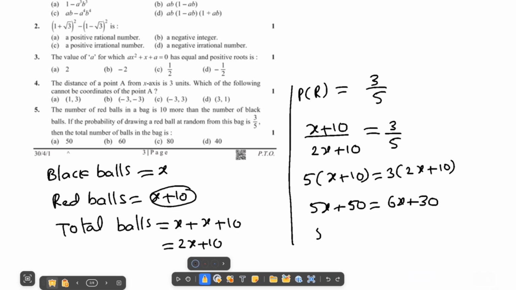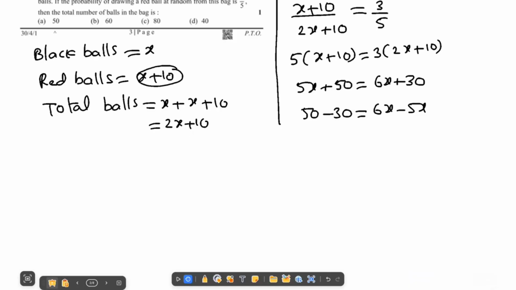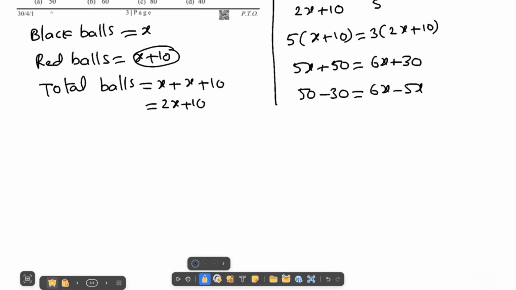Now it becomes 50 minus 30 is equal to 6x minus 5x. 50 minus 30 is 20. 20 is equal to 6x minus 5x, which is 1x, or simply x. So x is equal to 20.